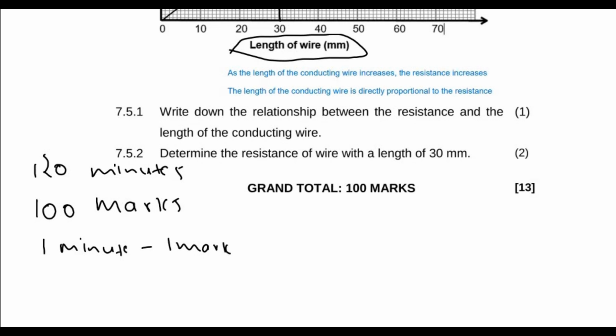After 100 minutes you'll be done, and you have an additional 20 minutes to check your answers. It's always important to go back and check. Maybe you missed something, maybe you misunderstood something. So 1 minute, 1 mark strategy. If a question is 2 marks, you can only spend about 2 minutes. That's the strategy that I used when I was a learner of physical sciences.